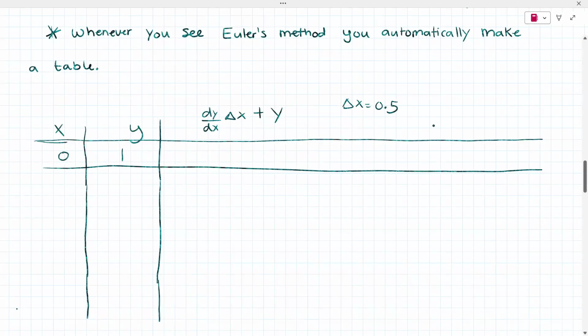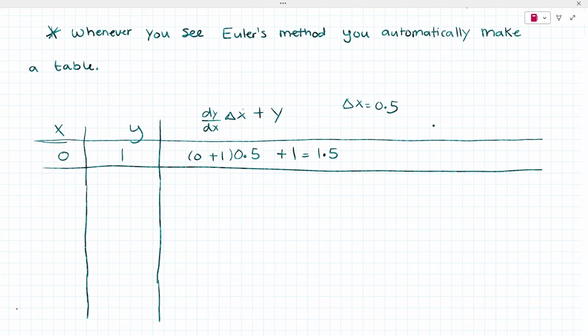It says dy/dx is x plus y, so our x is 0, our y is 1. So x plus y is 0 plus 1, times your delta x, which is 0.5, and then plus y, and our y value is 1. When you put it all together, you get 1.5.